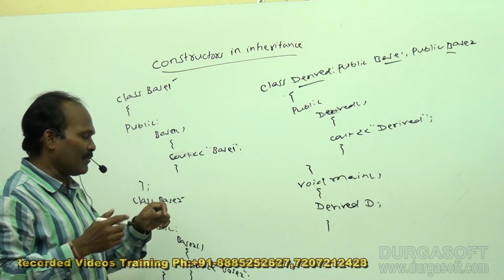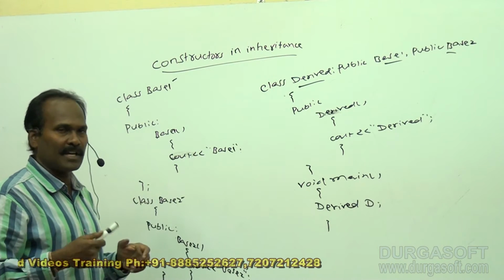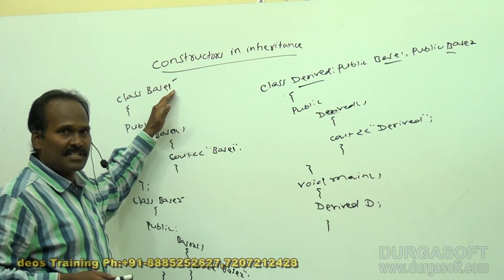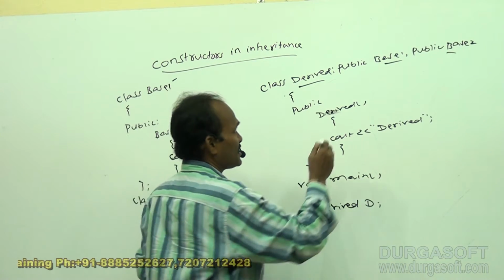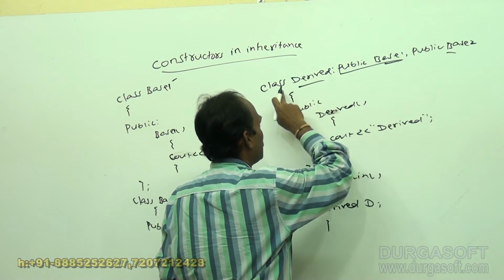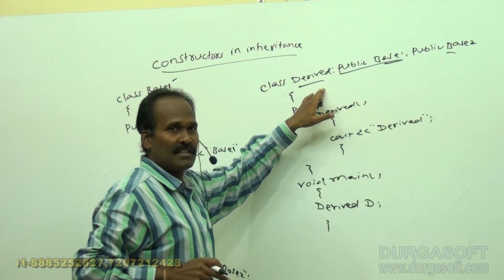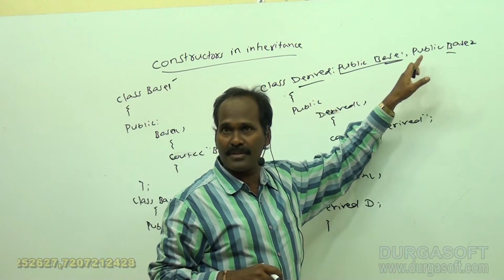After invocation of the constructors, what is the order of the execution? First the base 1 class constructor is executed, then base 2. Why base 1, base 2? Because, just look at this example, of the order of derivation. At the time of creating the derived class, the order I have mentioned is base 1, base 2.